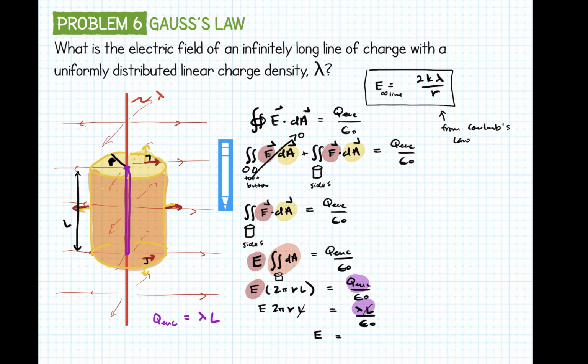So this can be as big or as little as you want it to be, meaning this is an adjustable imaginary thing, so you can make it bigger or smaller. So we want to indicate that r is a variable. Okay, so this becomes lambda over 2 pi r epsilon naught.